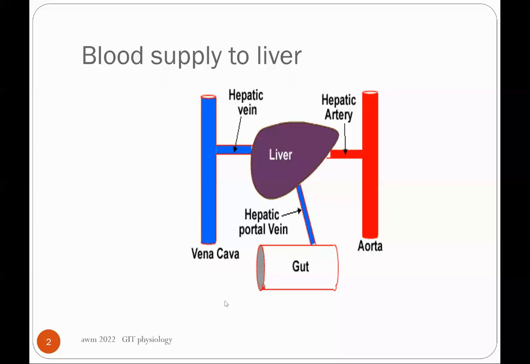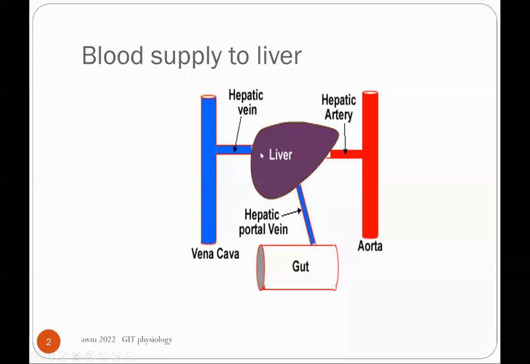And if you remember, the liver has got two sources of blood. You've got blood coming from the gut, carrying all the digestive end products, and this comes to the liver via the hepatic portal vein. You also have oxygenated blood, coming from the lungs, and it travels via the hepatic artery, and this is what is going to supply nutrients and oxygen to the hepatocytes.